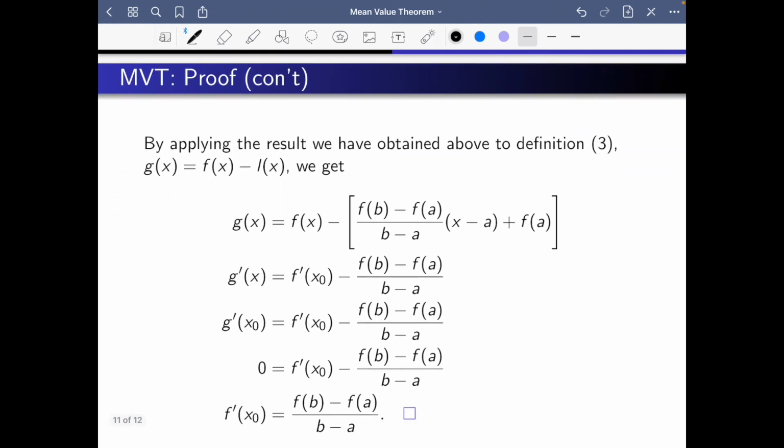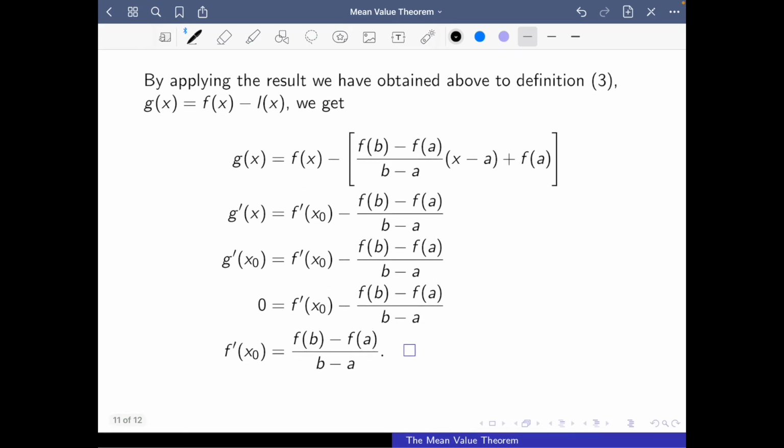Then we take the derivative of the function itself. Let's list down the function g(x). Here is the g(x) definition that we just defined, and here is L(x). Now we take the derivative of both sides, and using lemma 1, we get this function. Now we substitute x0 into the g prime function.